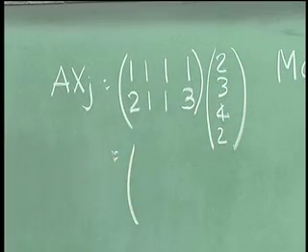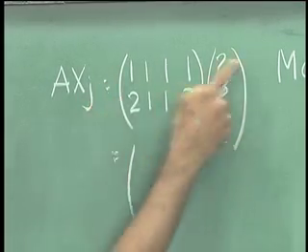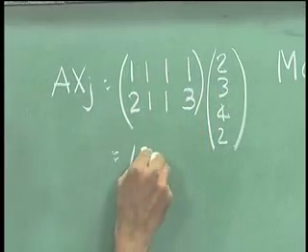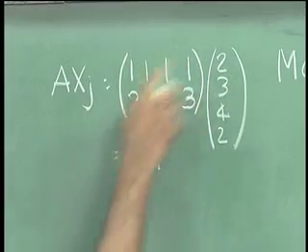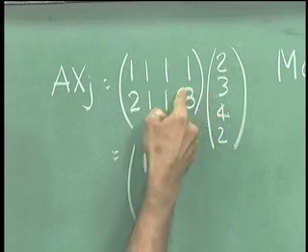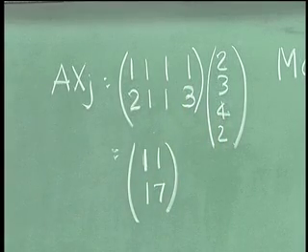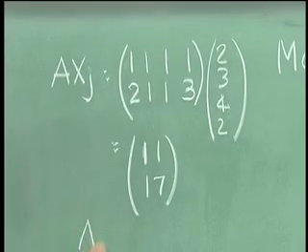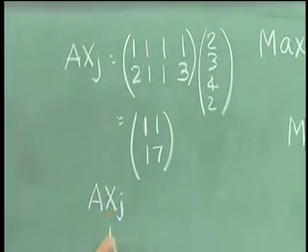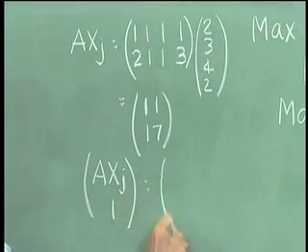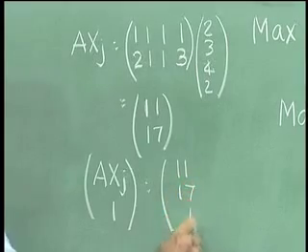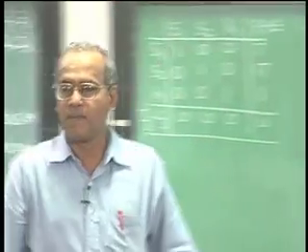This gives us 2 plus 3 is 5 plus 4 is 9 plus 2 is 11, and 4 plus 3 is 7 plus 4 is 11 plus 6 is 17. So, A xj and 1 is 11, 17 and 1.